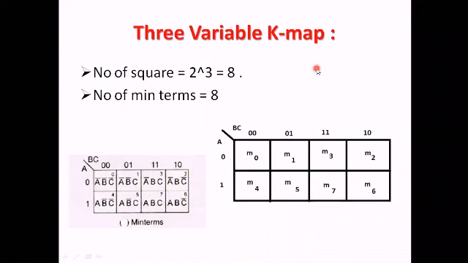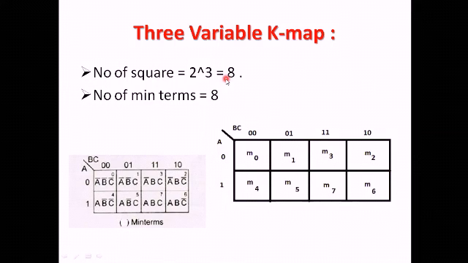So now we will be explaining the 3 variable K-map. In case of a 3 variable K-map, the number of squares is 2 to the power 3. As the number of variables is 3, that is A, B and C, the number of squares is 2 to the power 3, which is 8.